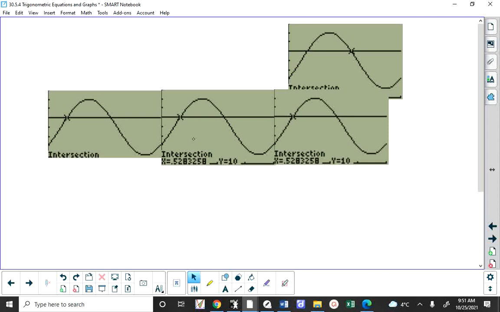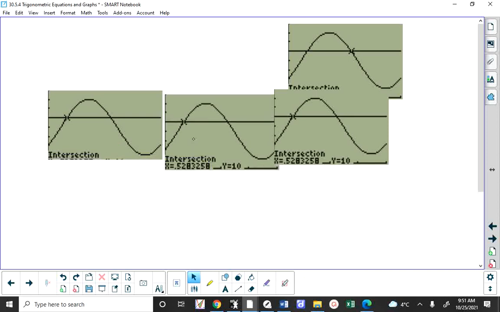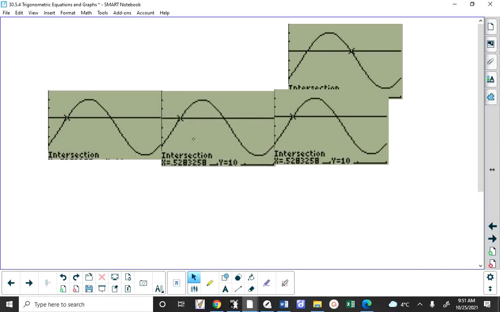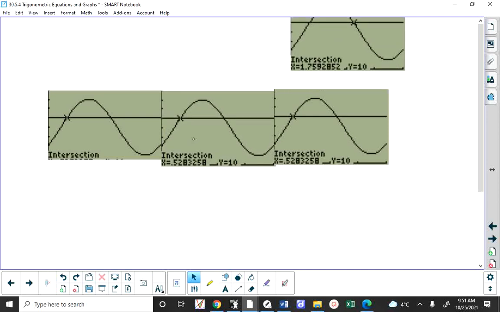So if this is x equals 0.528, and the other one it was what? 1.78, and this is that, and this thing repeats every pi, then not only will they intersect at 0.53, but they'll intersect at 0.53 plus pi, 0.53 plus 2 pi, 0.53 plus 3 pi, 0.53 minus pi.